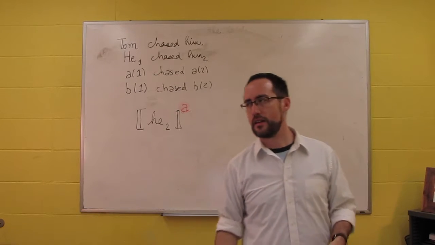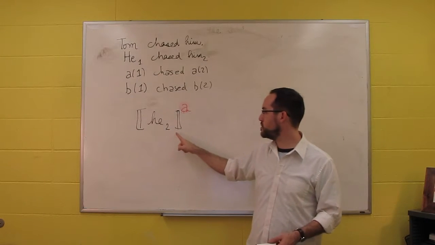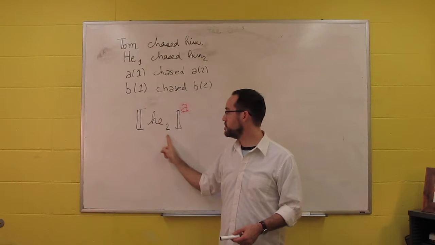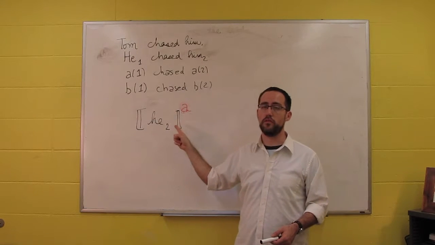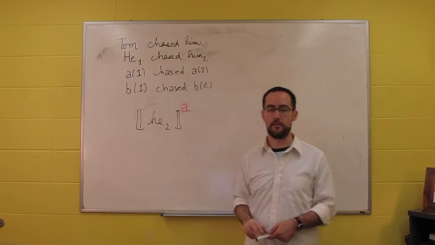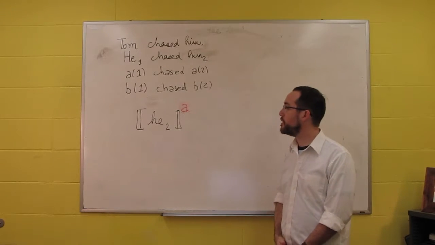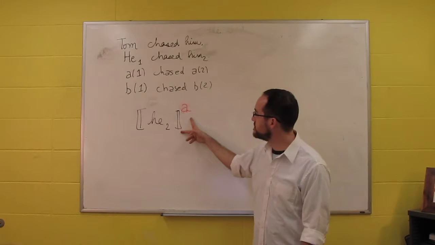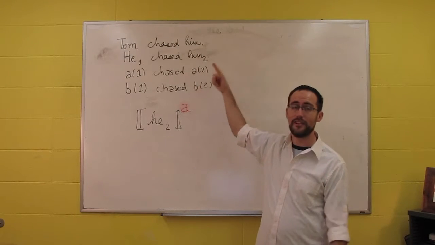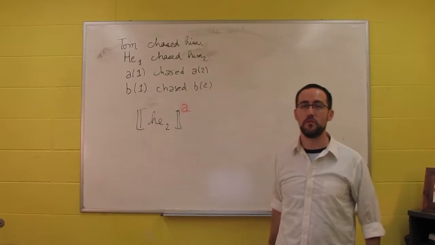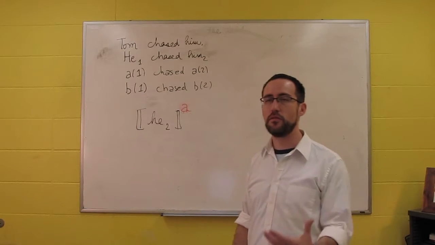So what we say is that this is he sub 2, the meaning of he sub 2 with respect to A, or the meaning of he sub 2 under A. So we get these different meanings. What we need then is a way of getting from this to this. How do we do that? A rule of interpretation, and we call that rule the pronoun rule.